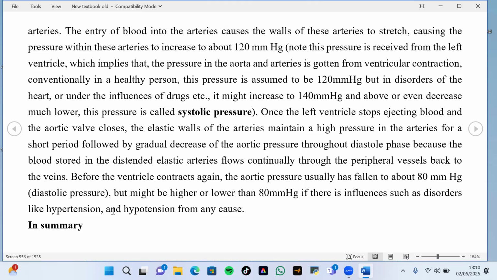Once the left ventricle stops ejecting blood out, the aortic valve closes. Then the elastic wall of the arteries maintains a high pressure in the artery for a short period, followed by a gradual decrease of the aortic pressure as the arteries begin to contract.